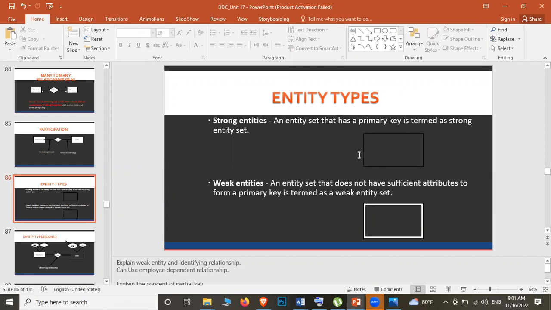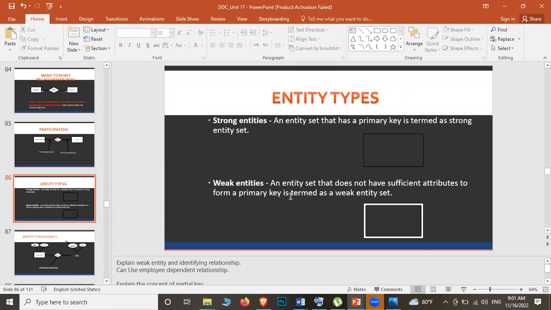You know what a primary key is, right? It uniquely identifies: employee number, student number, customer number, registration number. We use the primary key attribute to uniquely identify. So if an entity has that primary key, which is underlined, then it is known as a strong entity. A weak entity is an entity set that does not have sufficient attributes to form a primary key.